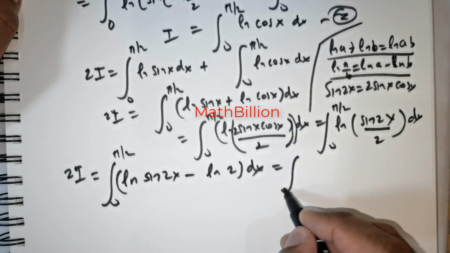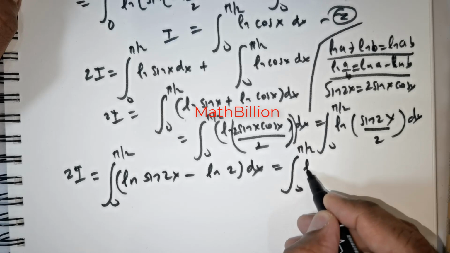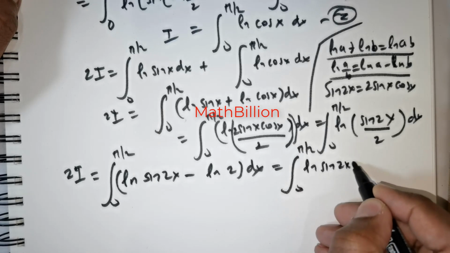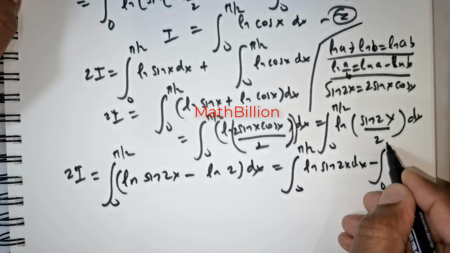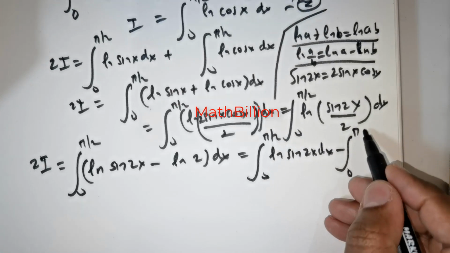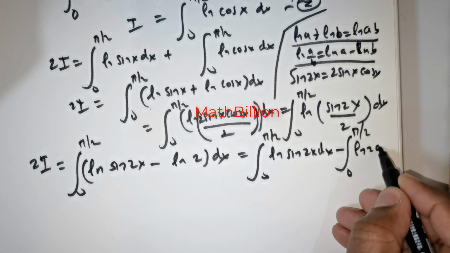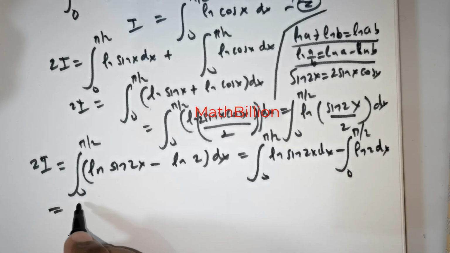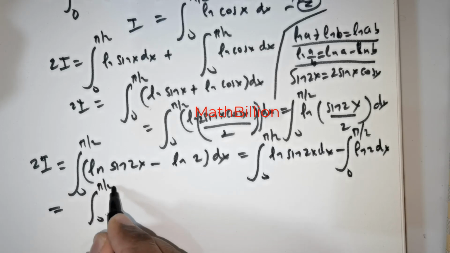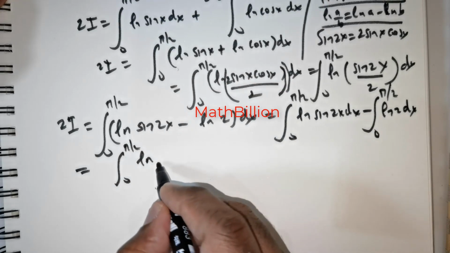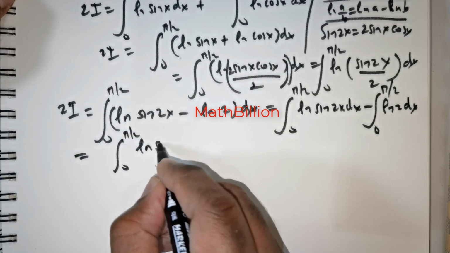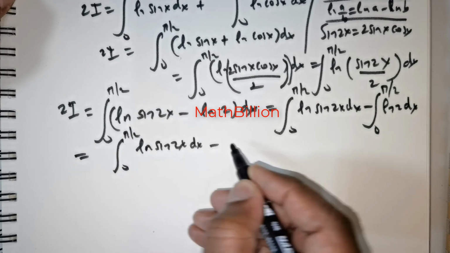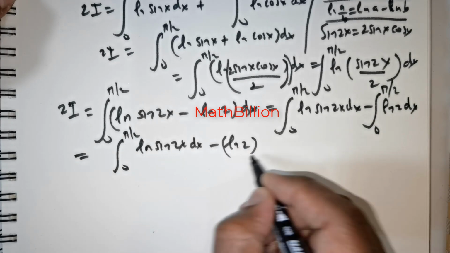Now this can be further rewritten as integral 0 to pi over 2 of ln sin 2x dx minus integral 0 to pi over 2 of ln 2 dx. Now ln 2 is a constant, you can take that out.